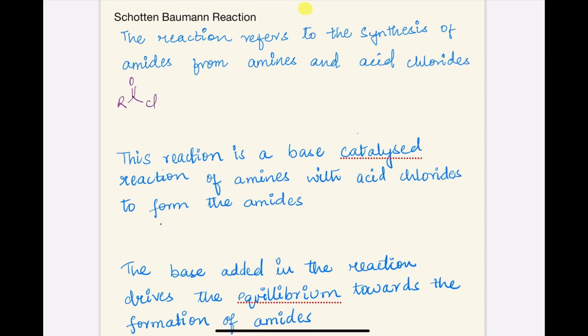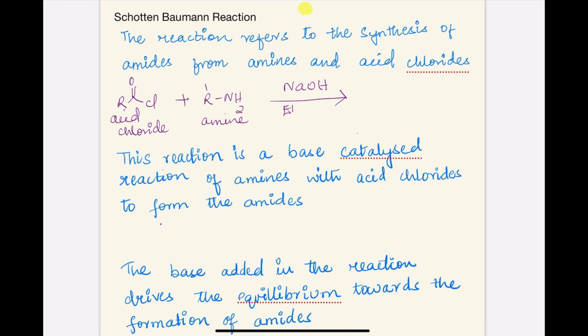So this is the acid chloride, and it reacts with the amines. This is an amine, and the reaction takes place in the presence of a base, that is, a base catalyzed reaction.